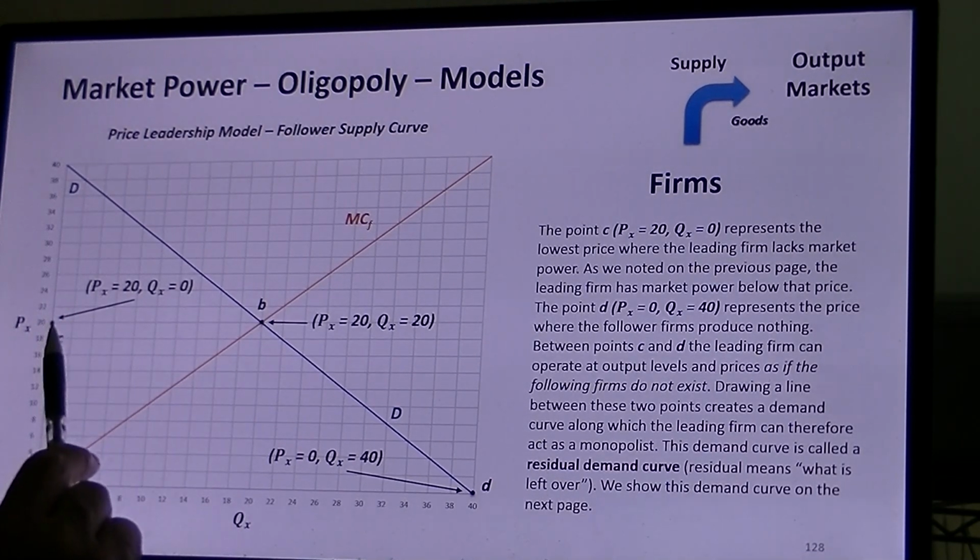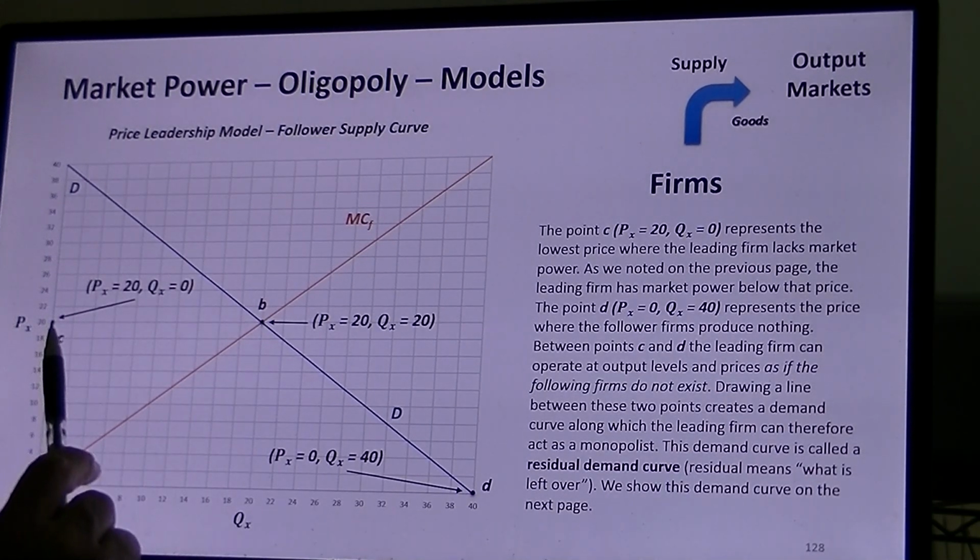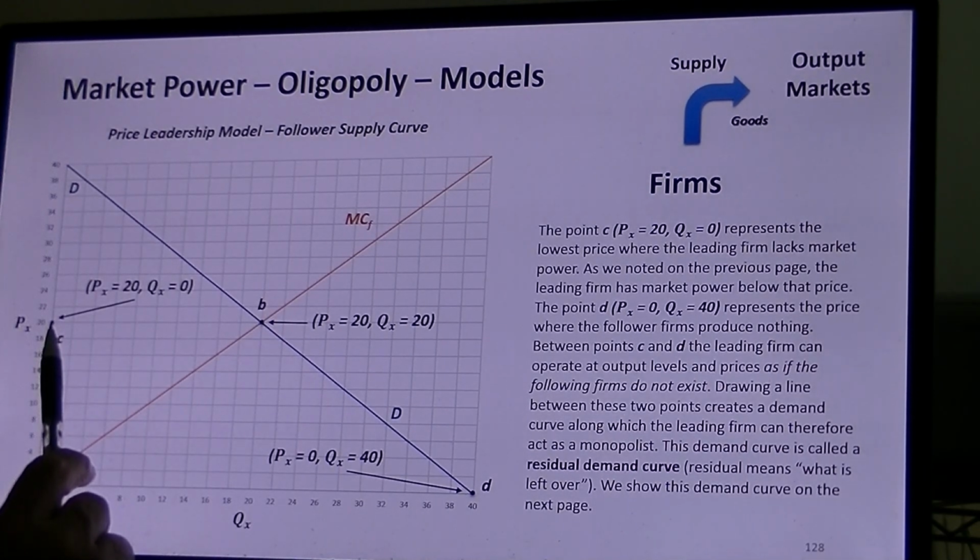So this price of 20, then, is the highest price that the leading firm can face and have zero market power.